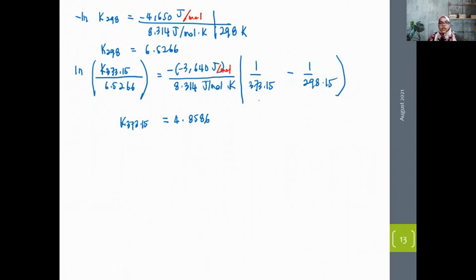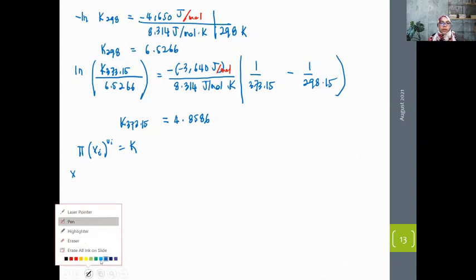Next is to determine or estimate the mole fraction. We have this based on the product of the mole fractions raised to the stoichiometric numbers, product of x_i to the power v_i equal to K. So use this expression. We already defined the value of K at 373 Kelvin. First we start by obtaining the expression of the mole fraction.